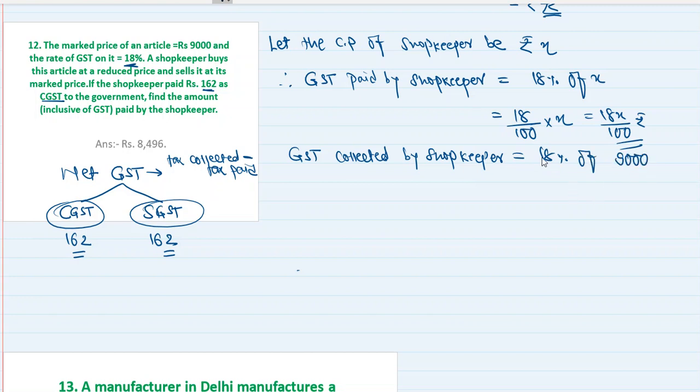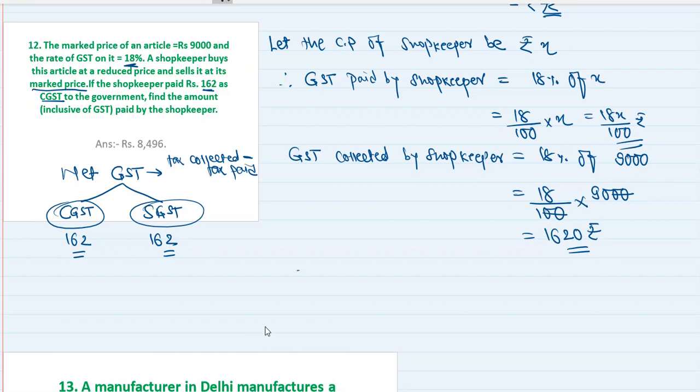Why 18% of 9,000? Because he is selling this article at its mark price. So he will collect GST on rupees 9,000 at which he is selling this article. So two zeros cut over here. 18 nines are 162, 1620. 1620 will be the GST collected by shopkeeper.